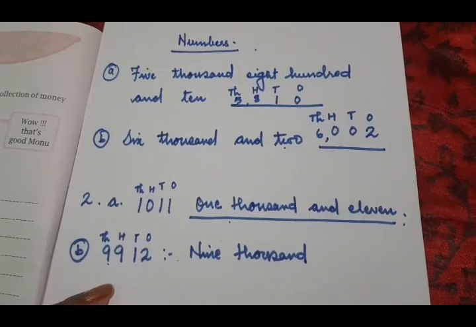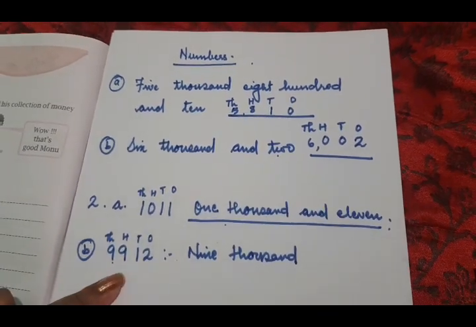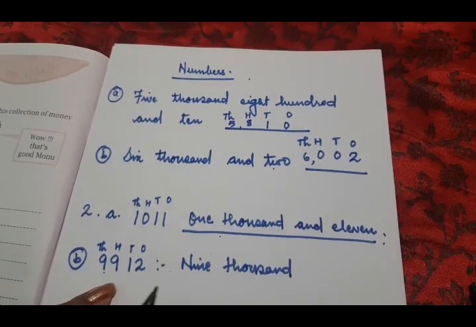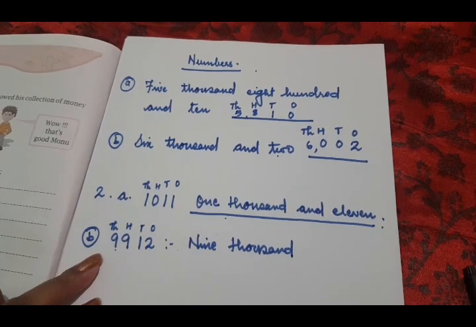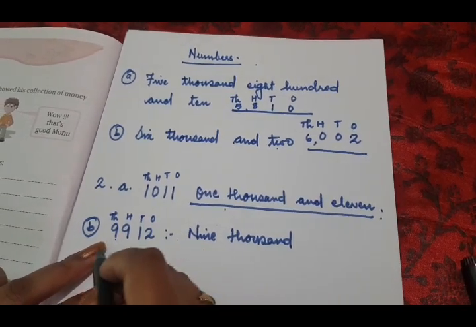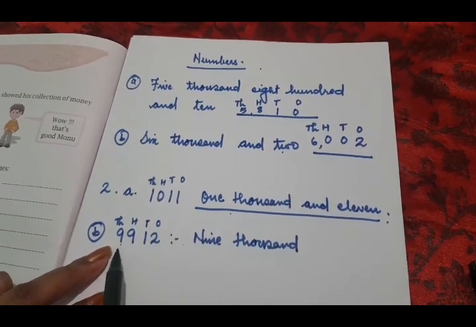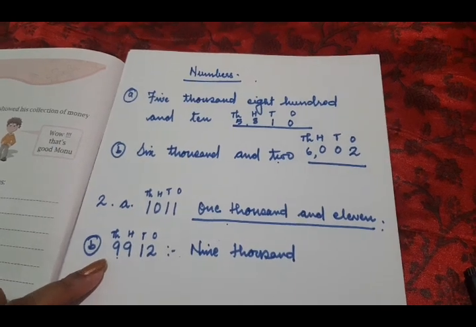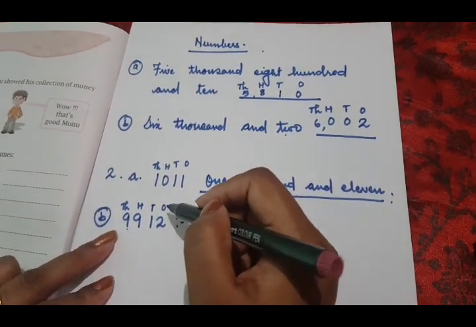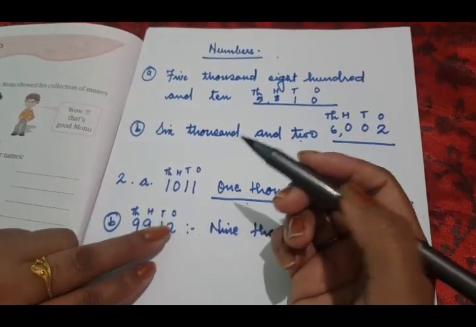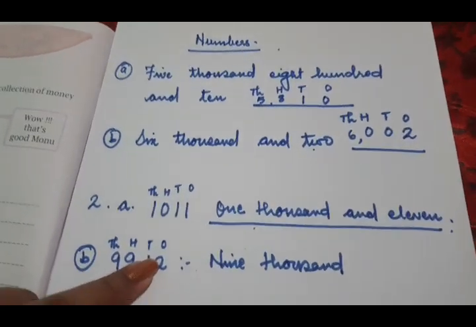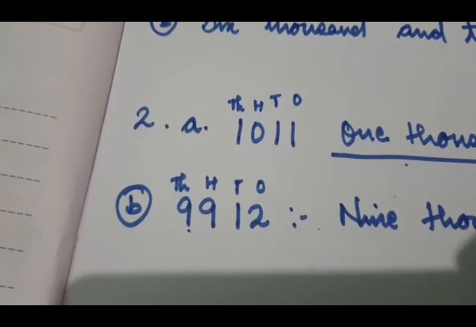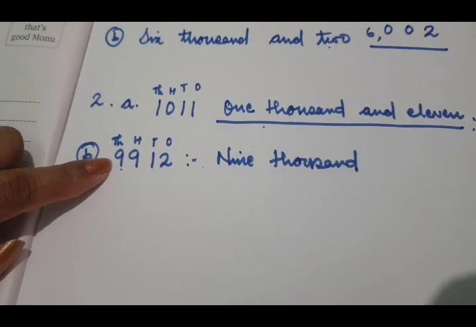Okay, I hope till here you have understood. Now let us go to the next number, that is B. Numerals are given as 9912. Just above the numerals, write its place like ones, tens, hundred and thousand. So for this, you just check it out.